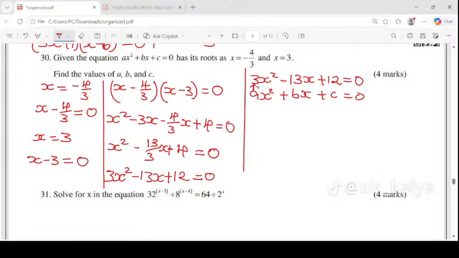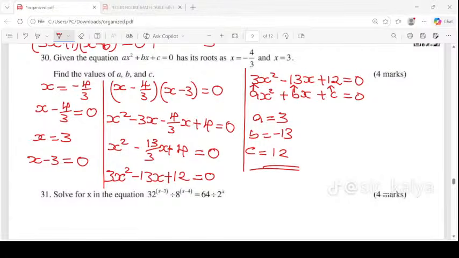So a becomes 3, b becomes negative 13, and c becomes 12. Because they want the values of a, b, and c, I'll say a is equal to 3, b is equal to negative 13, and c is equivalent to positive 12. As simple as that, then you will have your 4 marks.